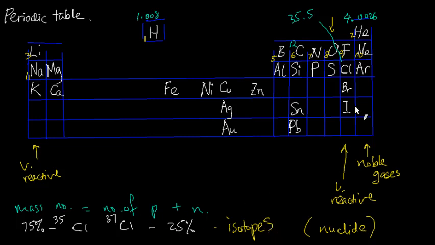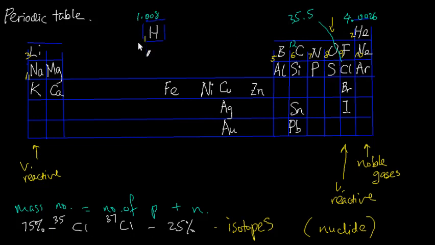So we now understand why there are these decimals, but not all the decimal places that you see on the periodic table for the mass of the element are due to having different isotopes with different numbers of neutrons.